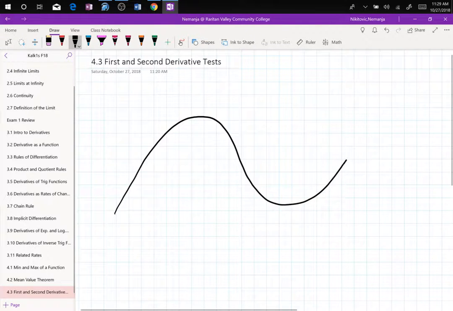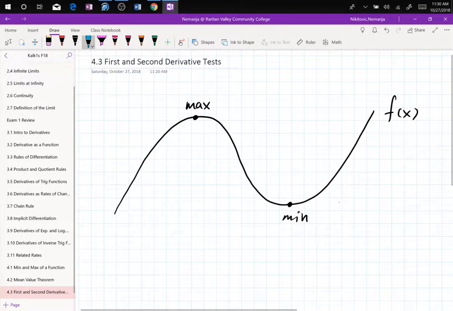For that, this is all I need to draw. Is some function f of x. We are going to identify max, I don't care, absolute or local, and min. And now I am going to use blue. Oh, I forgot to put x-axis. Oops.